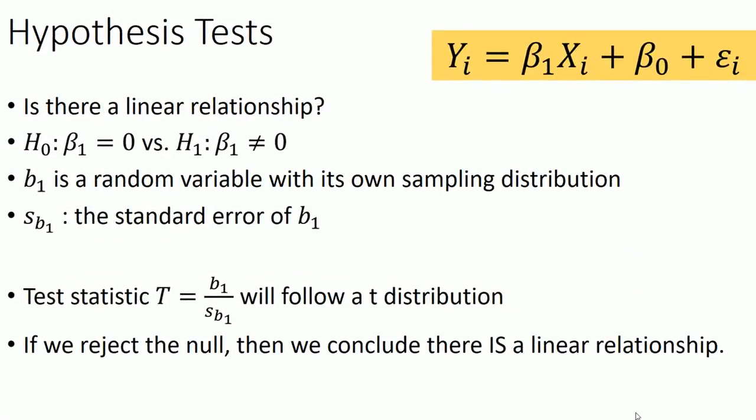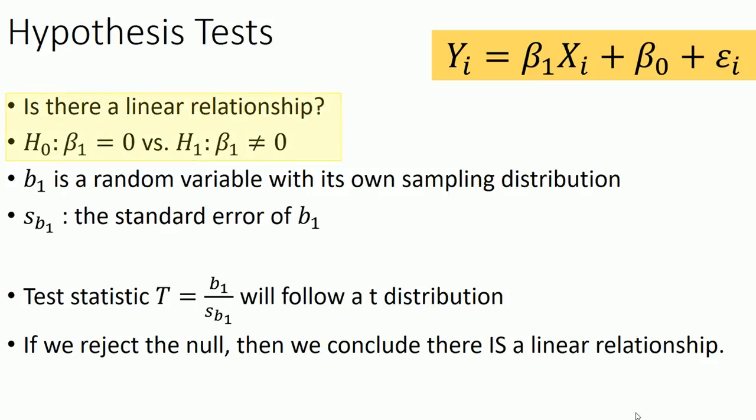So now we want to look at what hypothesis tests we can do for linear regression. Since we're really trying to estimate the two parameters, beta 1 and beta 0, we're going to be doing hypothesis tests on the values of those parameters. So let's look at beta 1, the slope. We're primarily concerned with, does the slope equal some value or does it not?